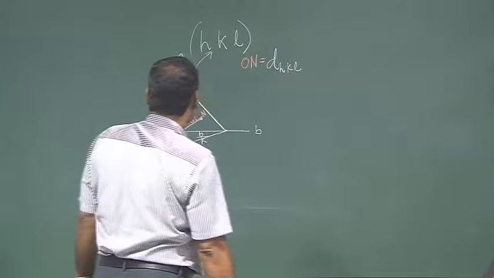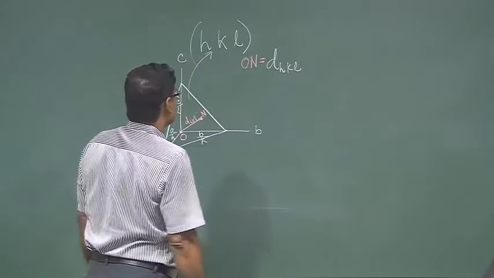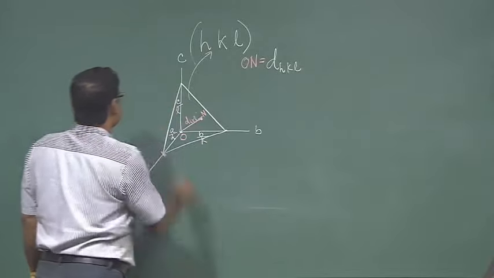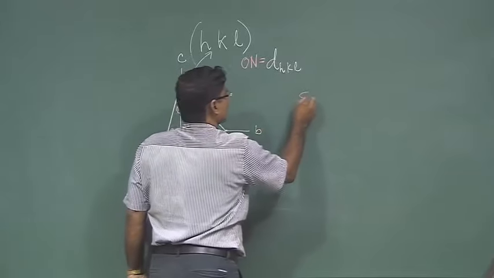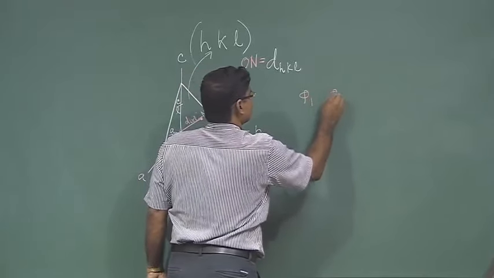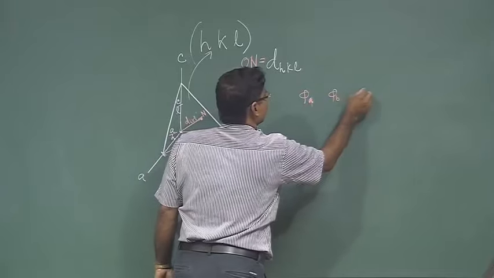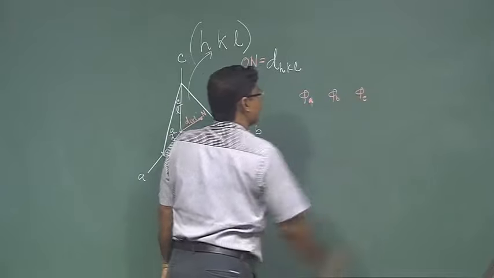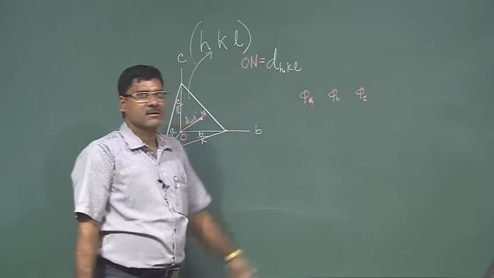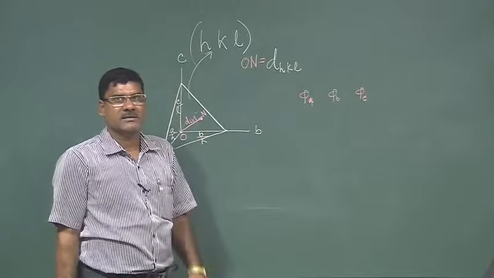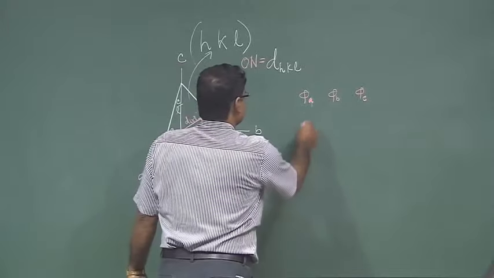So if this normal has angle with A axis, B axis and C axis, say phi 1, phi 2, phi 3, or let me write phi A, phi B, phi C. So these are the angles of this normal with the crystal axis.